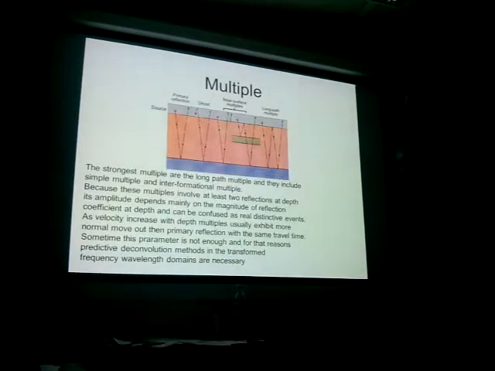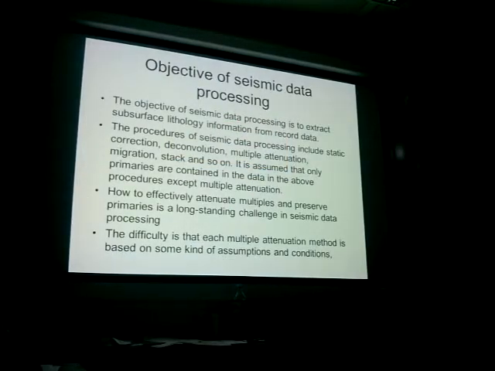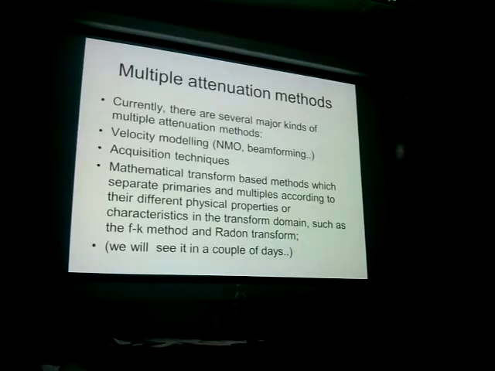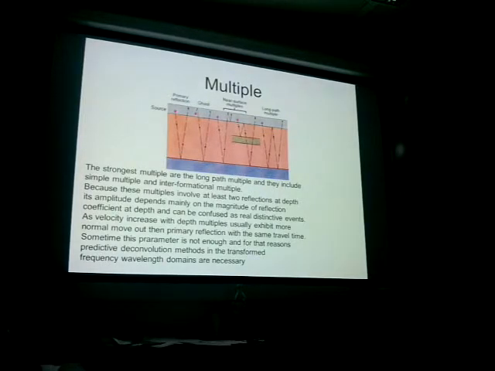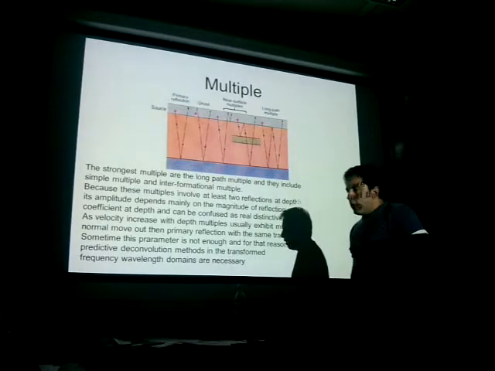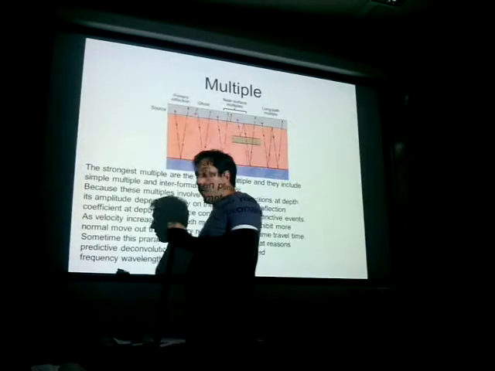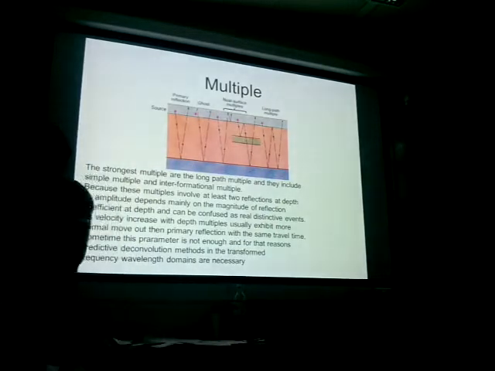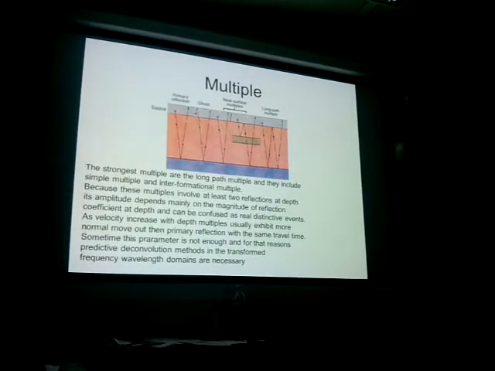Let's stop in there. In any case, we are going to play with multiples later on. Just a final comment: a multiple reflection, with respect to the primary reflection, is reflecting several times along more or less the same unit.